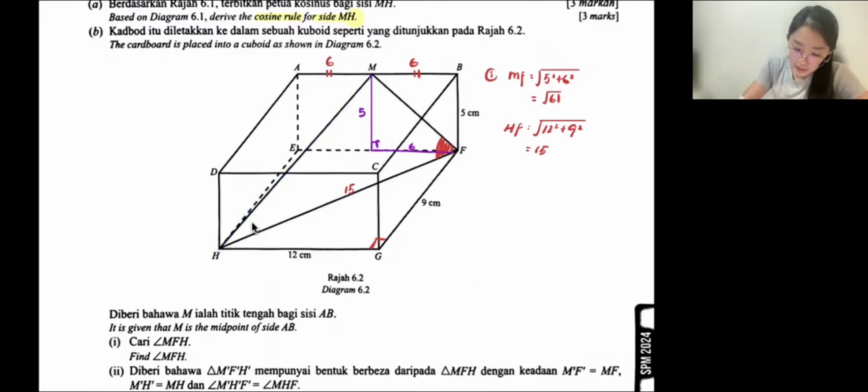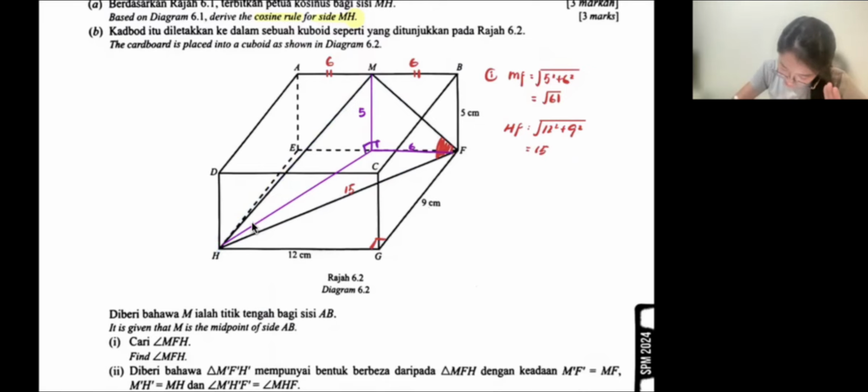MH is a bit difficult. You need to use your left brain and right brain to work together. So you pull one line down, making it a right angle triangle, you need this line here. This will be your right angle triangle. Hold on, like this.